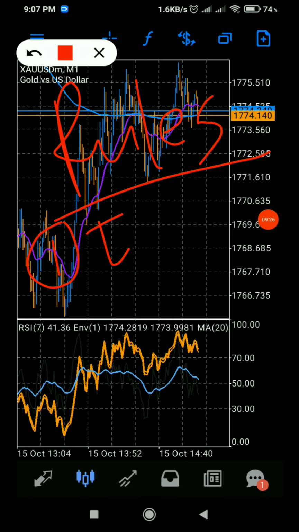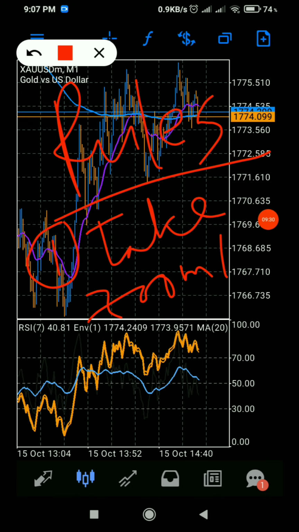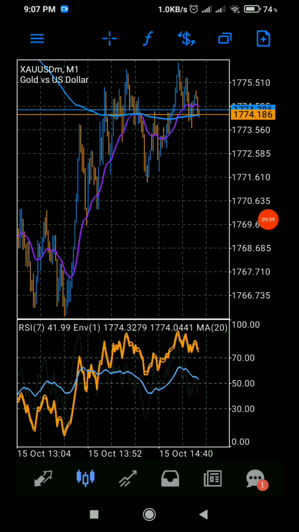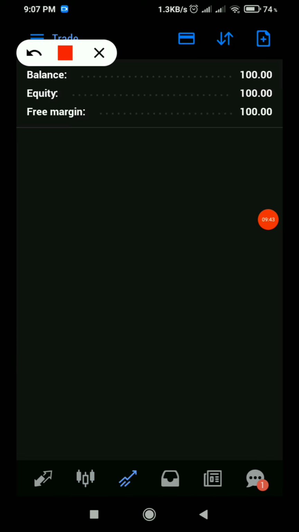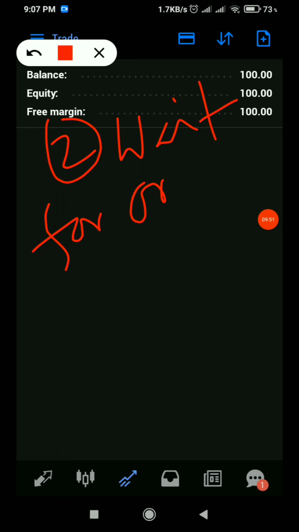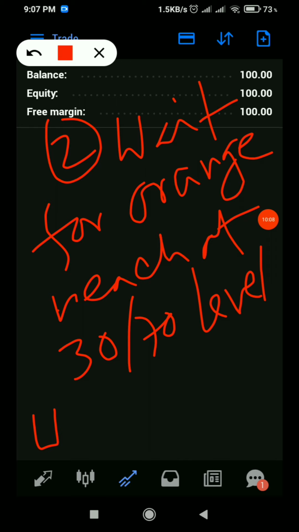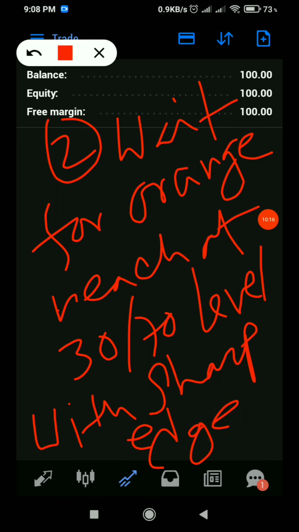So here are the rules. Number 1, take zoom 1 or zoom 2. Number 2, wait for orange to reach the 30 or 70 level with a sharp edge.